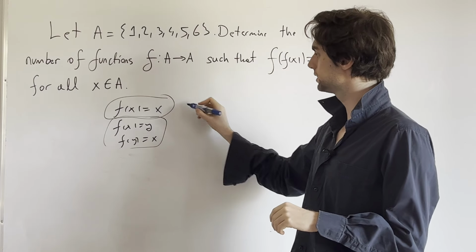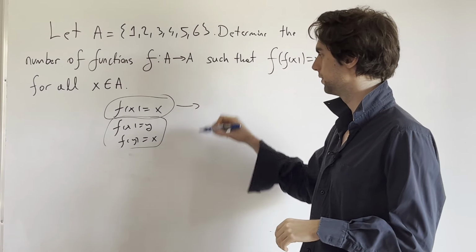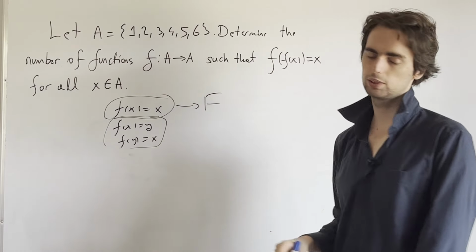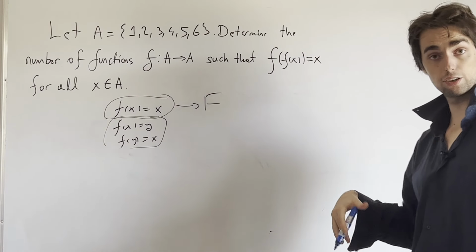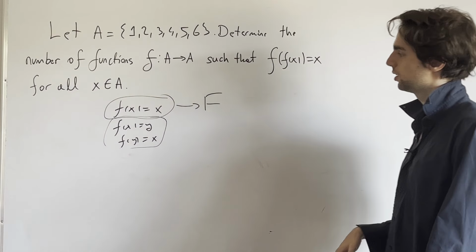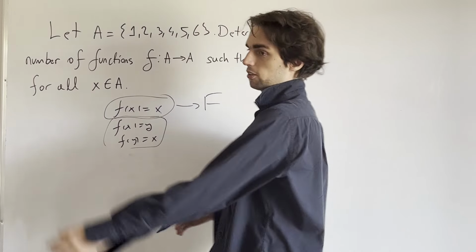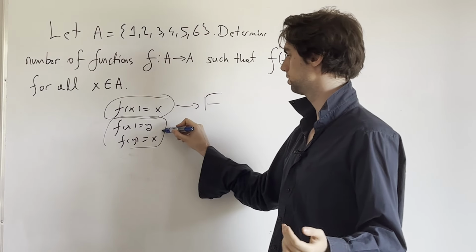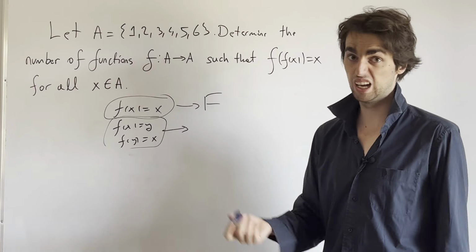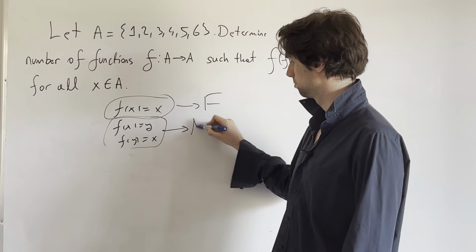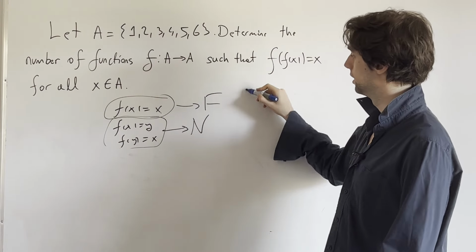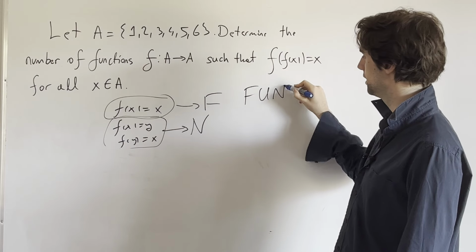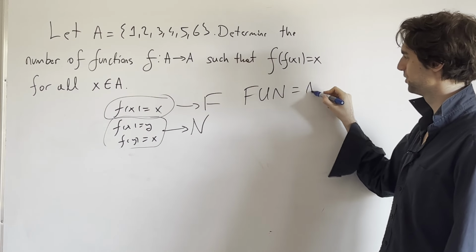So let's call the numbers that are fixed the set F. The reason I'm saying set F is this is the set of fixed points, which is what they're known as in the terminology. And then the complement is going to be the set of, let's say, non-fixed points, say N. And F union N is equal to A.